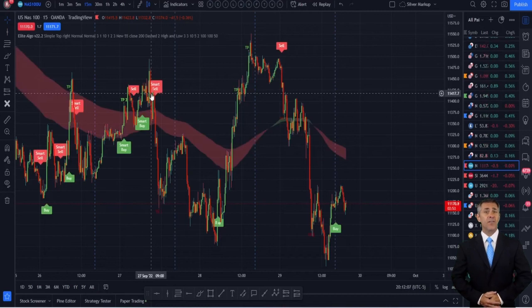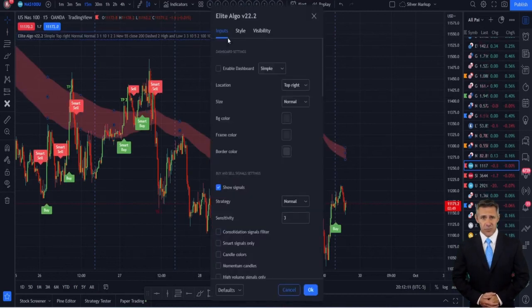There are multiple parts to it, so let's open up the settings. One thing I look at when I'm trading or looking at software is how much brain power it could save me in the process of trading.